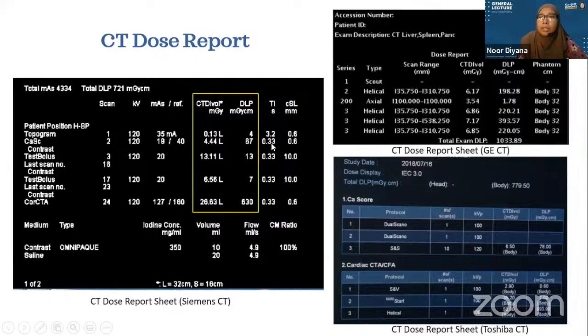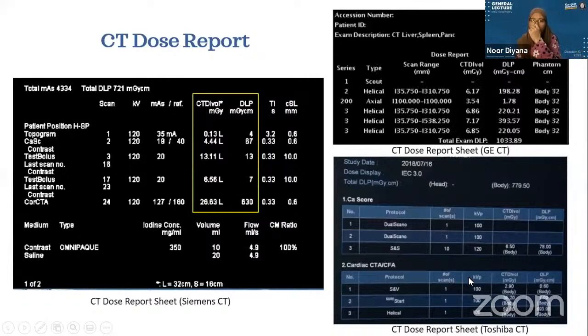For Siemens, it gives you the slice thickness and the exposure time, which is in seconds. You also get the information of volume and contrast medium that has been used. For GE, it gives you the scan range for each series that has been used.